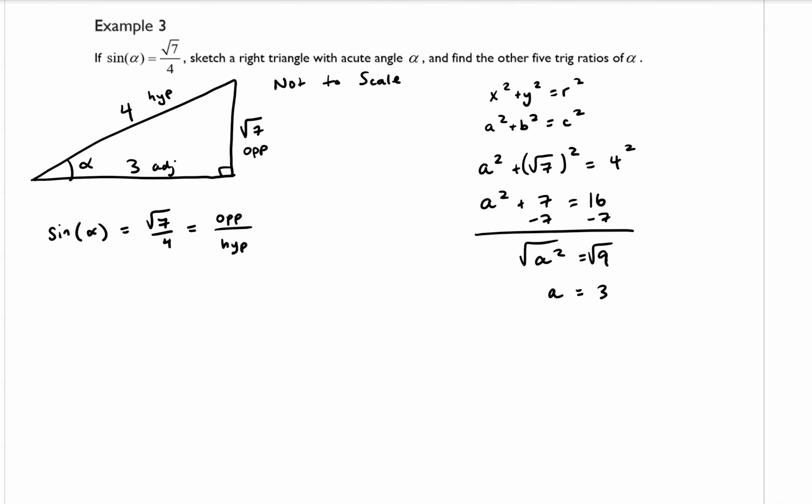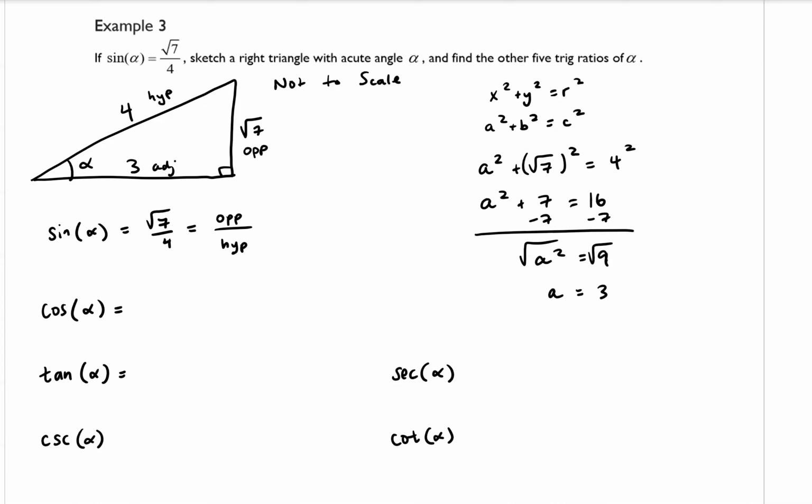All right. Now let's go ahead and write out the other 5 trig ratios. So we have sine, we have cosine, we have tangent, we have cosecant, and over here I will write secant and cotangent.